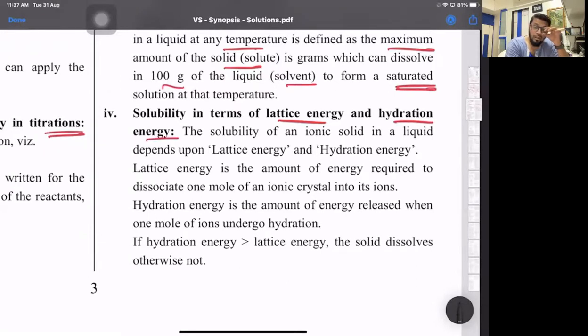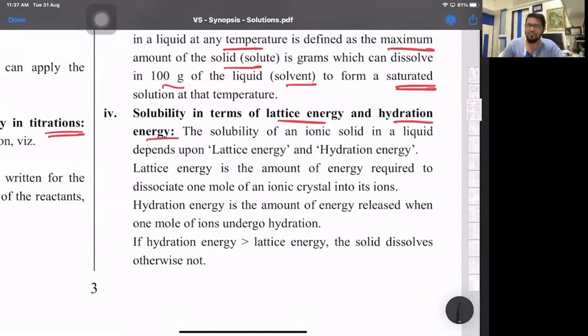We all know lattice energy, the attraction between the cation and anion. Hydration energy is when the same ionic compound is dissolved in water, the lattice breaks and the ions of the solute are surrounded by the opposite ends of water. And that's called hydration energy.